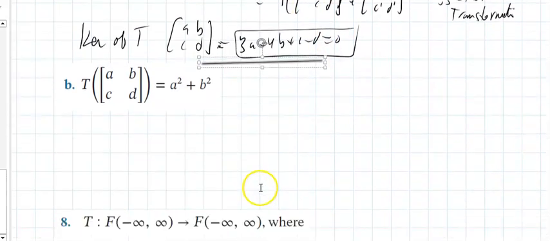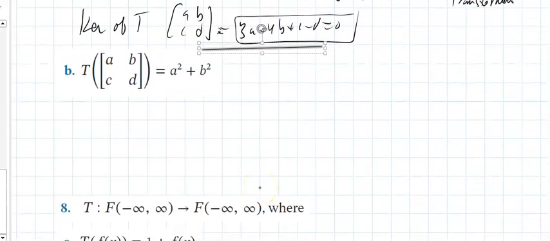If I look at this, the transformation on matrix M22 is simply A squared plus B squared.